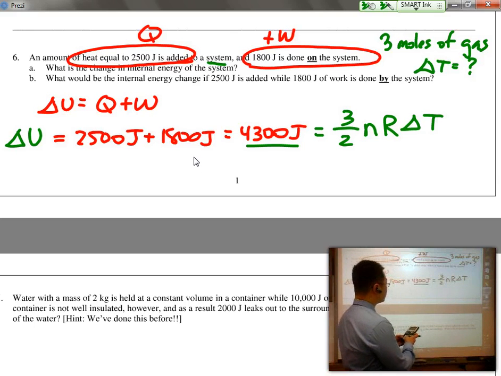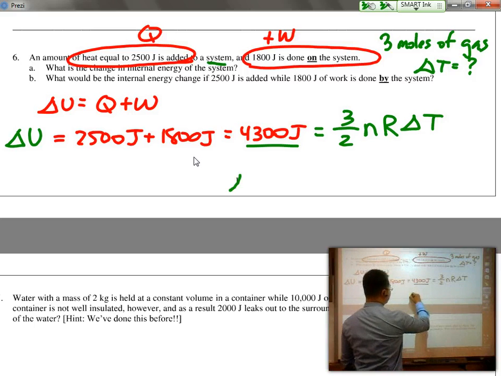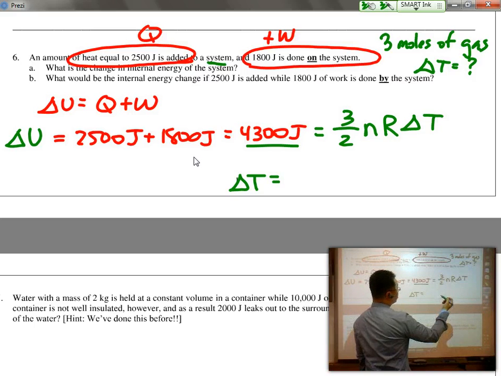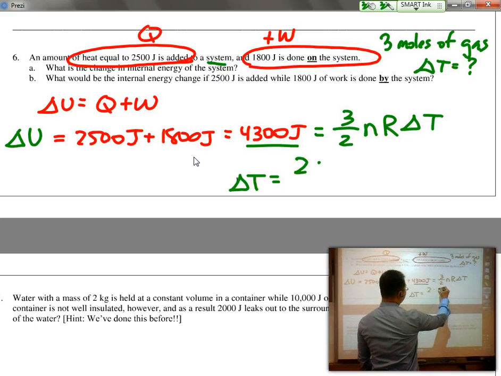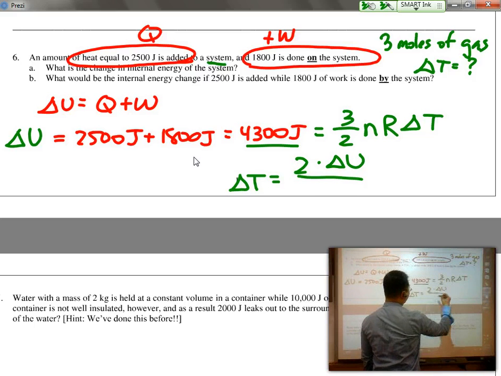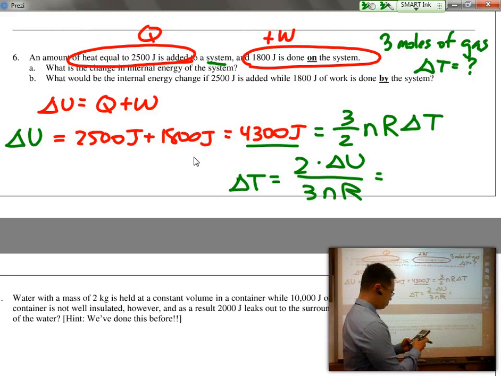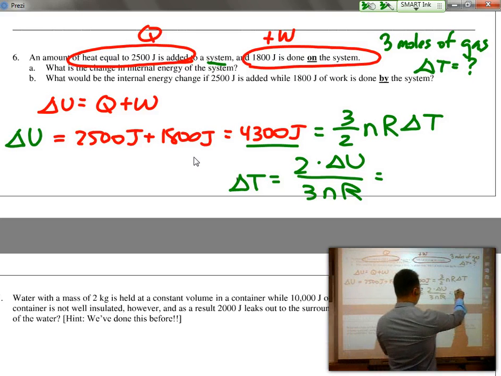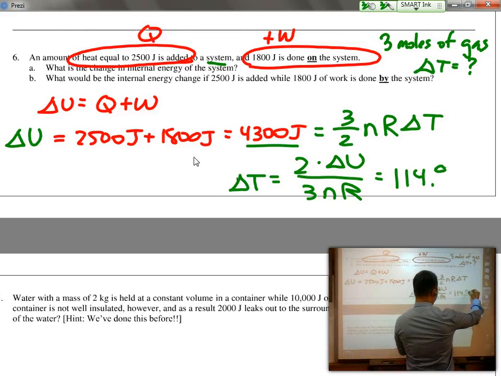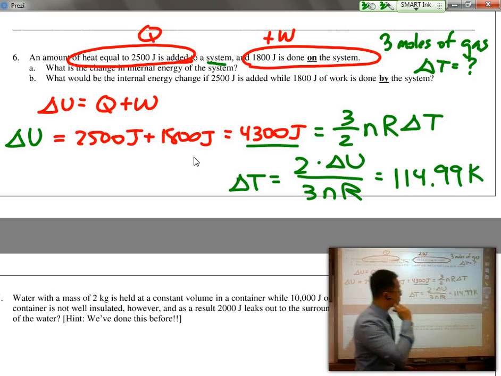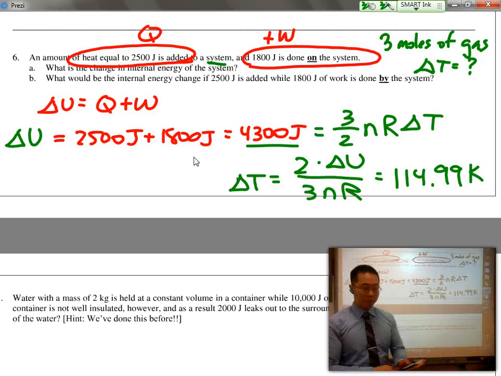So if we were to work this out, we know, of course, that we're looking for delta T. So delta T would equal 2 times delta U over 3 nR, which would equal 114.99 Kelvin. Okay, so keep in mind that there's 2 formulas for delta U.